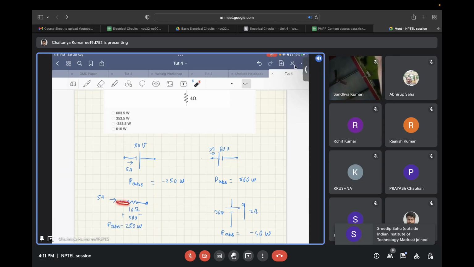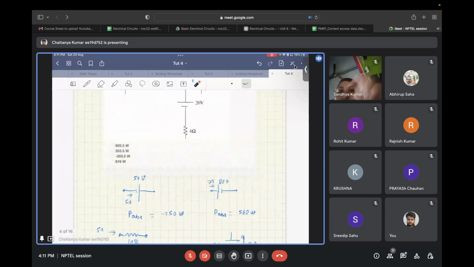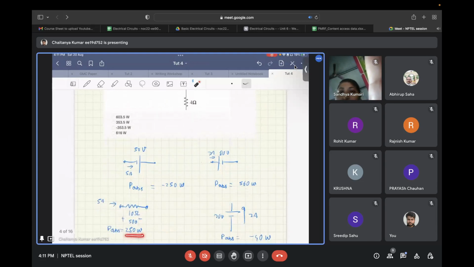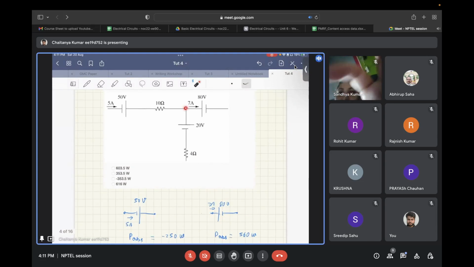The voltage that will develop will be such that whichever terminal the current is flowing into becomes the positive terminal. So for the 10 ohm resistor, since the current is 5 ampere, the power absorbed is I square R, that comes out to be 250 watts. Now, if you apply KCL at this node, the current flowing in this direction will be 2 amperes.